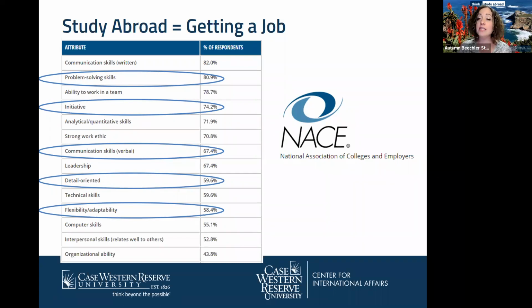It also takes a lot of initiative to get out and study abroad and work through that whole process. Verbal communication skills, detail orientation, flexibility, adaptability is another obvious one. So when you take a look at the evidenced skills that employers are looking for in recent college graduates, it's pretty obvious where the lines come from study abroad to getting a job.